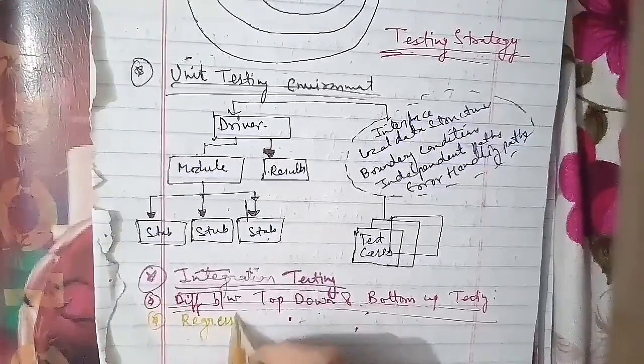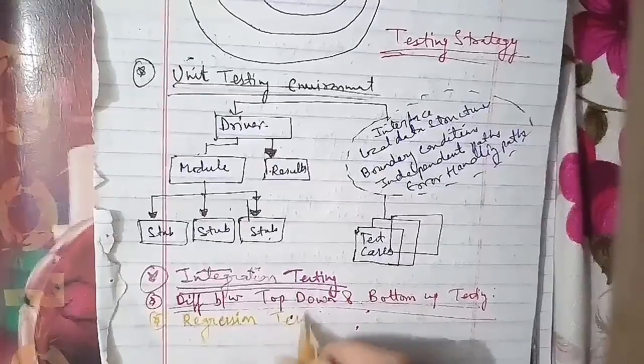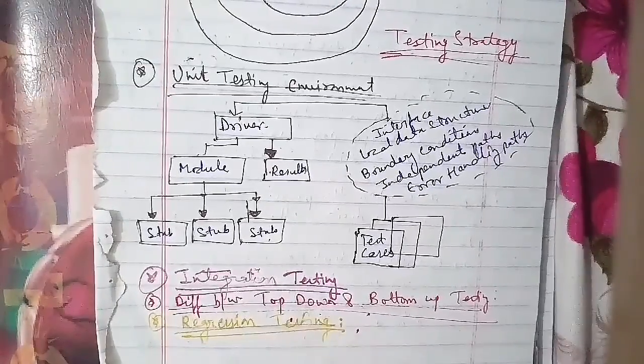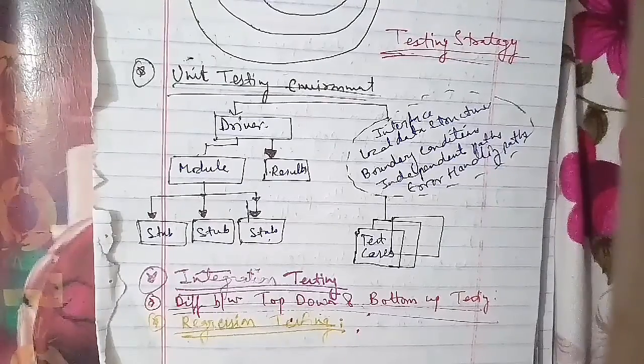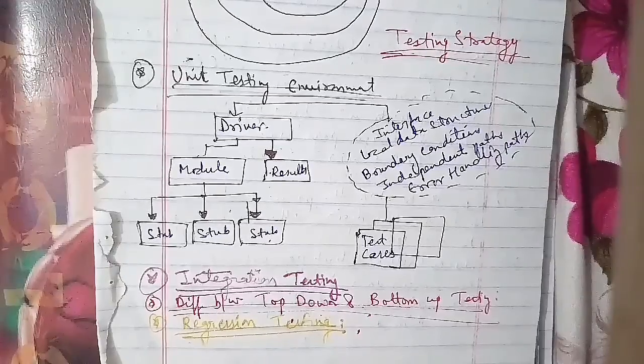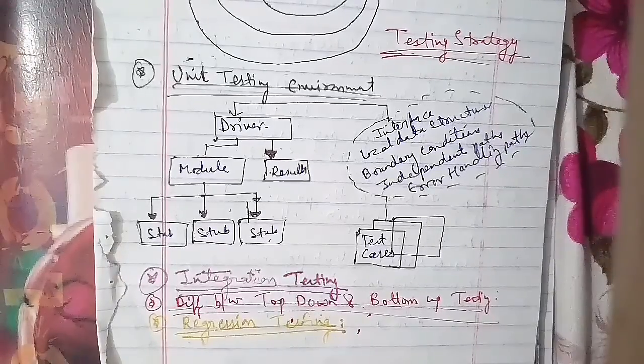The first is a representative sample of existing test cases used to exercise all software functions. The other is additional test cases focusing on the software functions likely to be affected by the change. Another is test cases that focus on the changed software components.